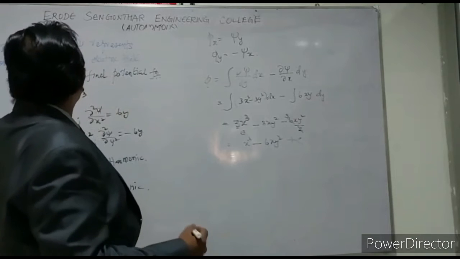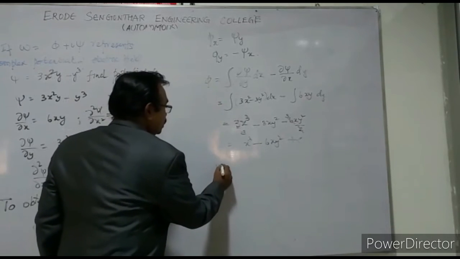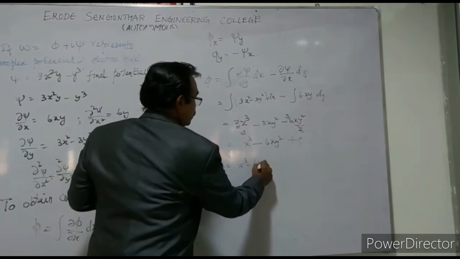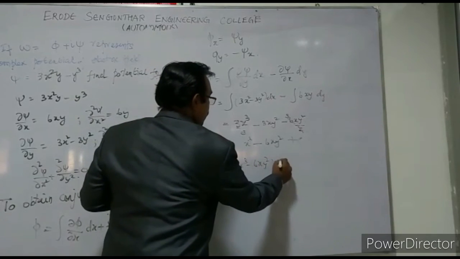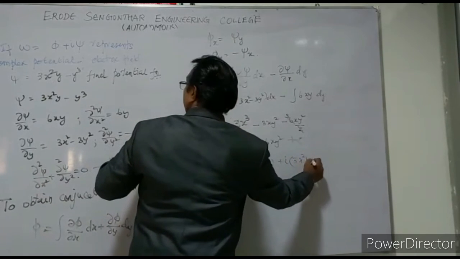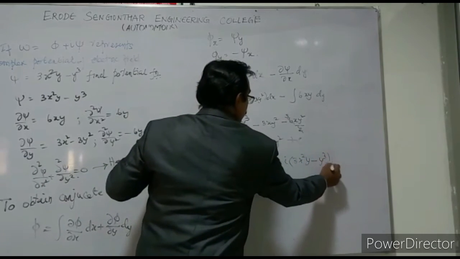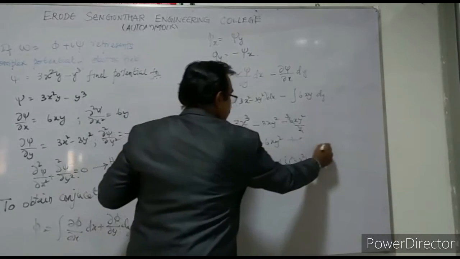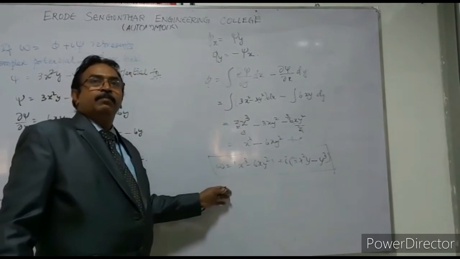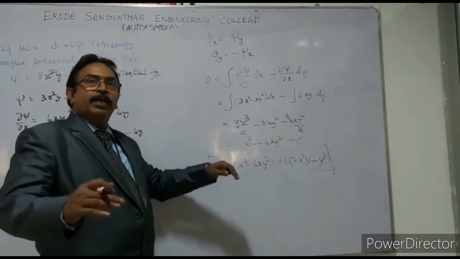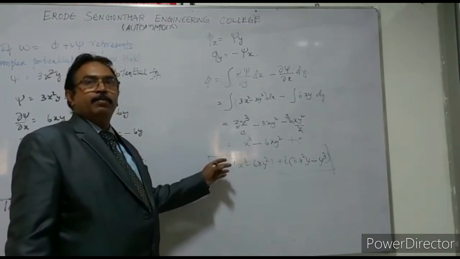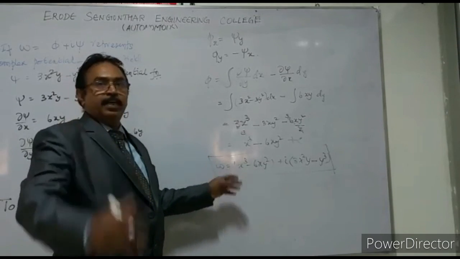So alternatively, we can write the function w is equal to x cube minus 6x y square plus i into 3x square y minus y cube. So this is the complex function. We can find the function by using another method, which will be dealt with in the next class, that is the Milne method. We shall see it in the next class. Thank you.